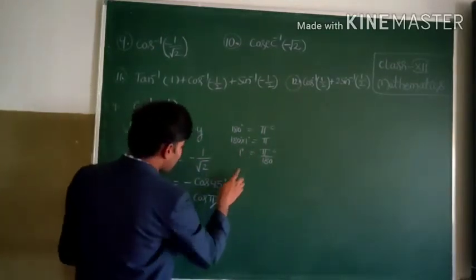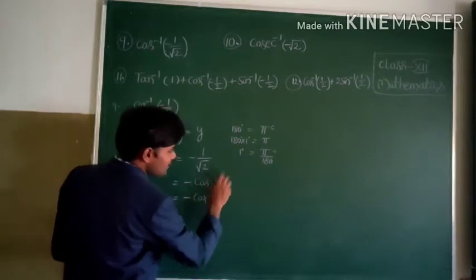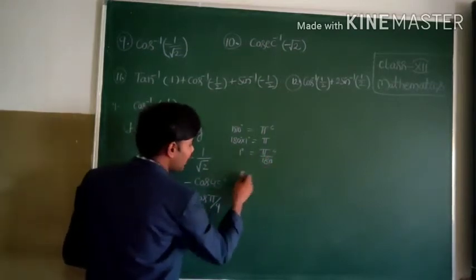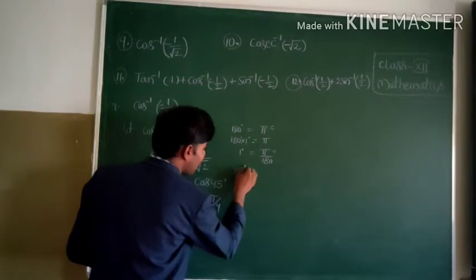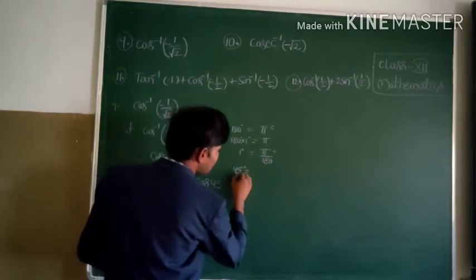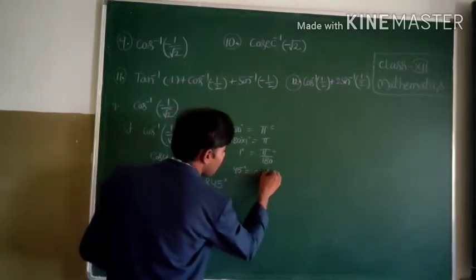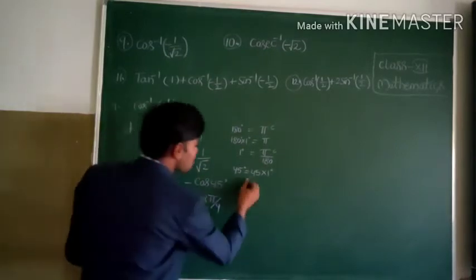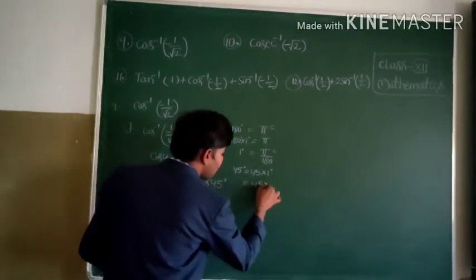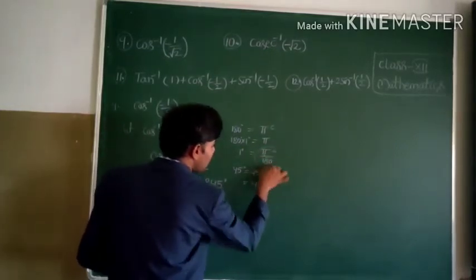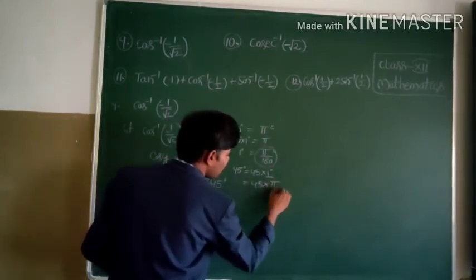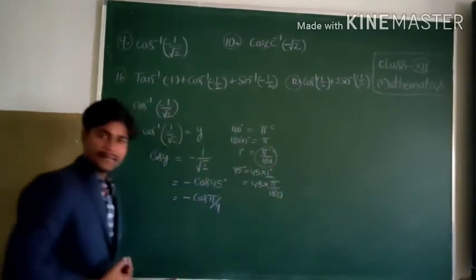Here we need 45 degrees. So for 1 degree it is pi by 180. We want 45 degrees, so we can write 45 into 1 degree, and 1 degree is pi by 180.